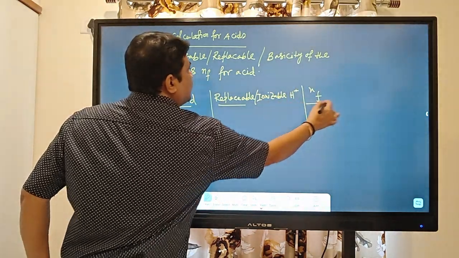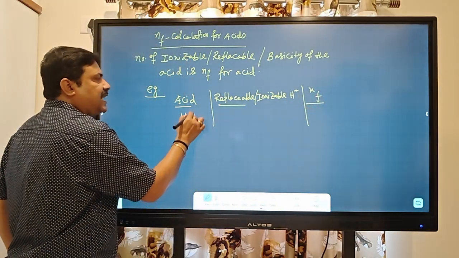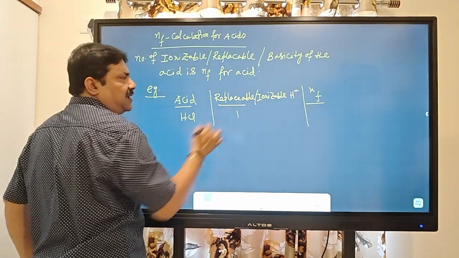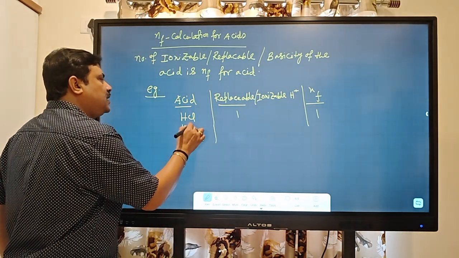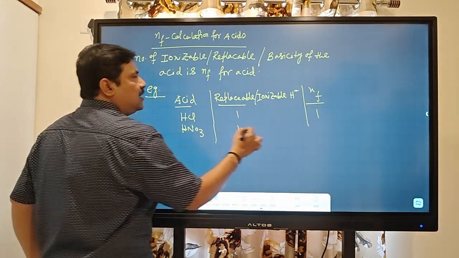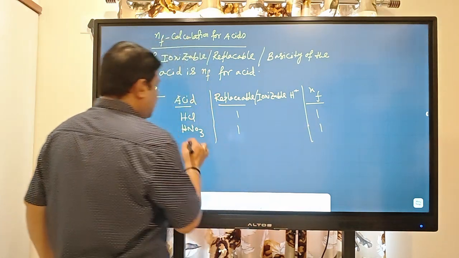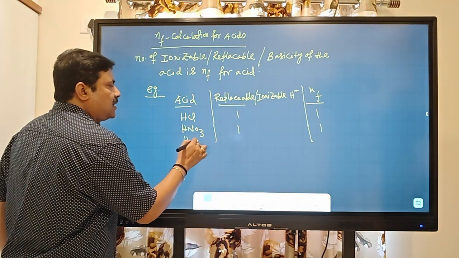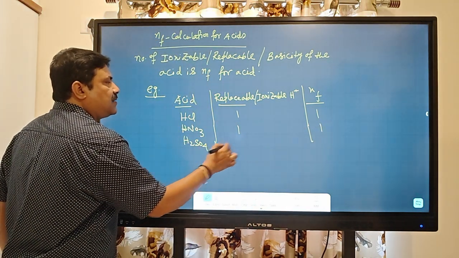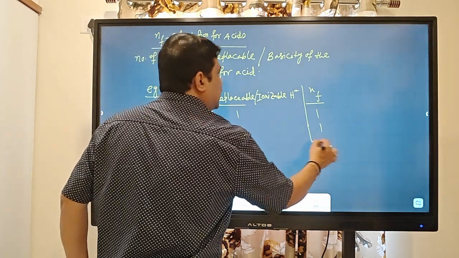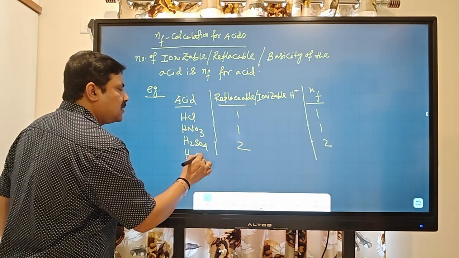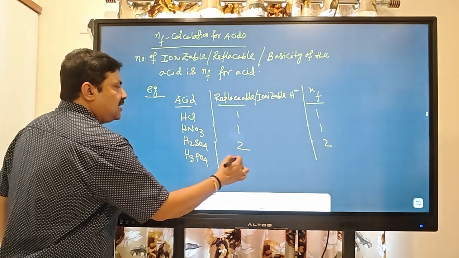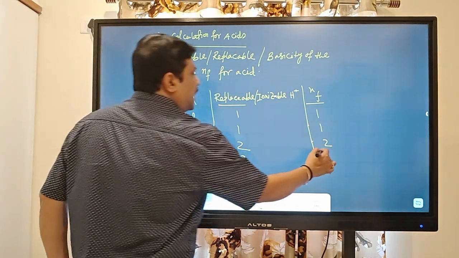Suppose HCl, it can provide only one H plus, replaceable is 1, n factor is 1. HNO3, replaceable or ionizable 1, n factor 1. H2SO4, replaceable or ionizable is 2, n factor is 2; it can provide 2 H plus. H3PO4, phosphoric acid, 3, n factor is 3.